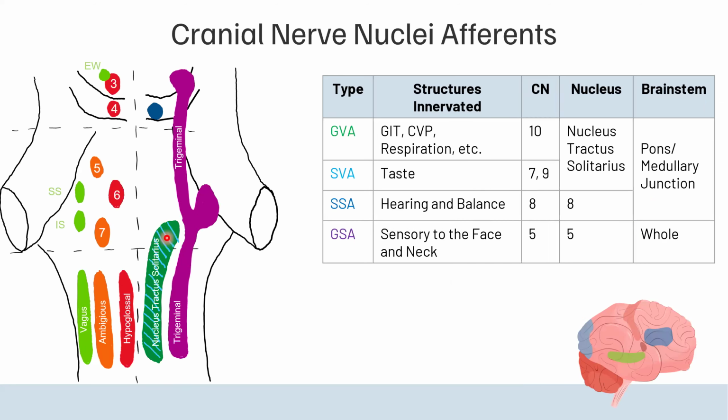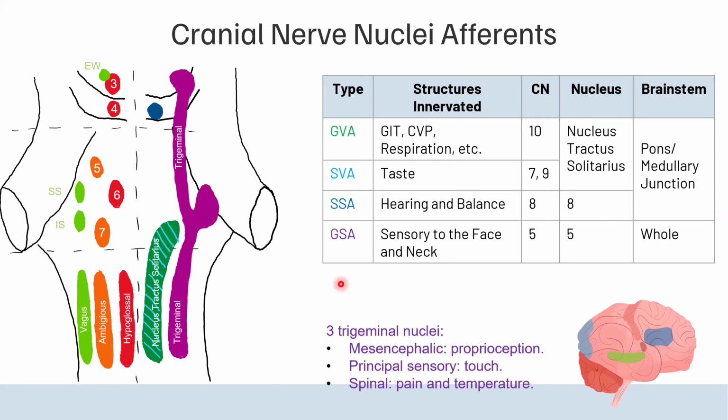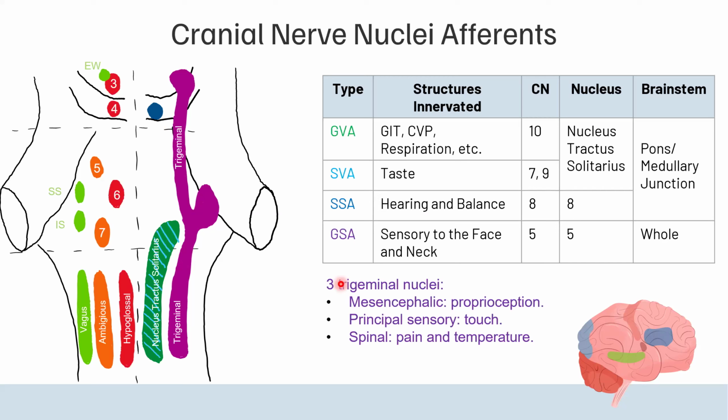From medially to laterally, you will have the general visceral afferents, followed by special visceral afferents, see the colors, followed by special somatic afferent, followed by general somatic afferent, which is in your trigeminal. Does that make sense?